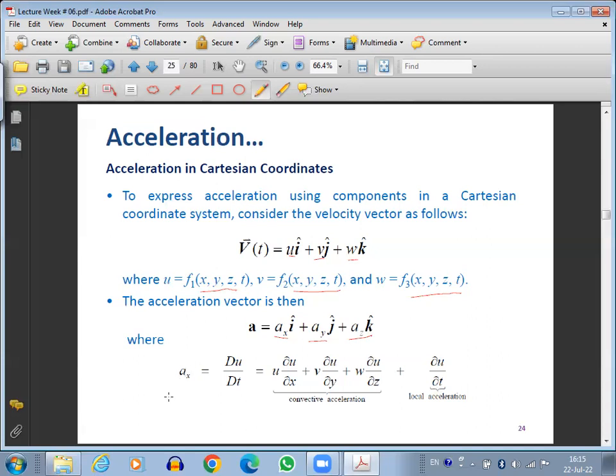Okay. So now we define something as total derivative. Total derivative means total change. Because total change could be the change with the time, change with the space in X direction, in Y direction, in Z direction, could be the change in the normal direction. We include everything together, that becomes the total derivative.